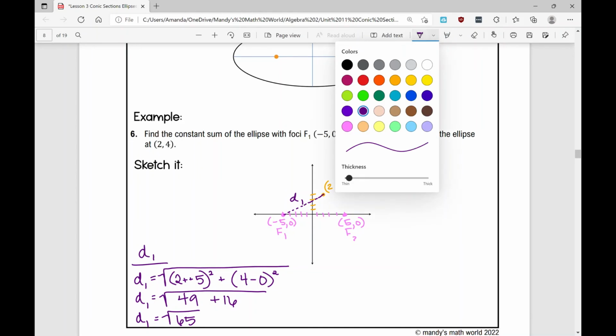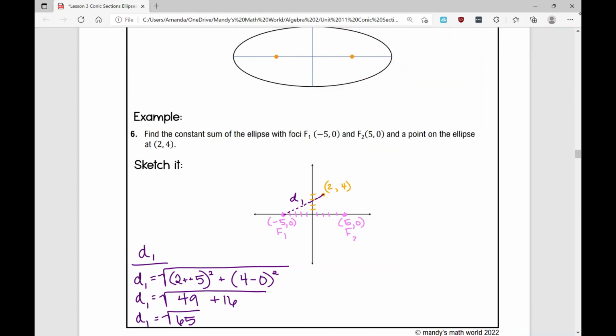Now let's find the distance from that point on the ellipse to the other focus, and we'll call that d sub 2. We're going to use the same distance formula: the square root of the x values, 2 minus 5, squared, added to the y values, 4 minus 0, squared. 2 minus 5 is negative 3, and negative 3 squared is positive 9.